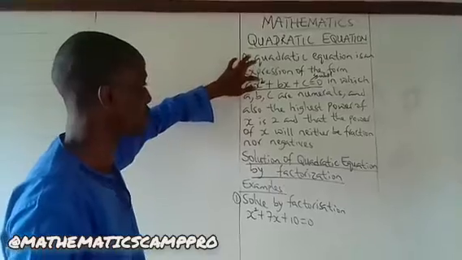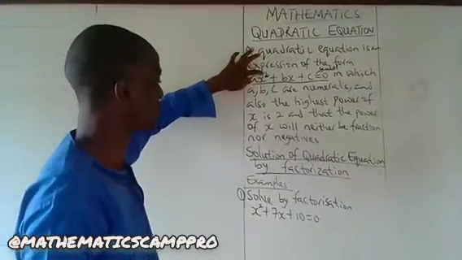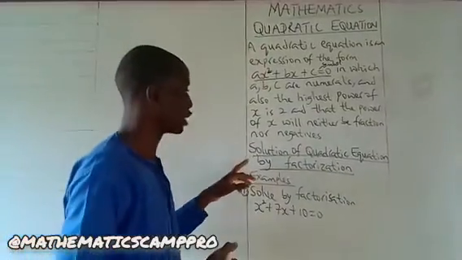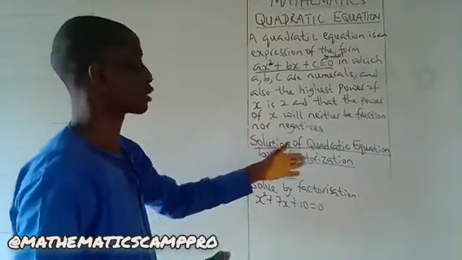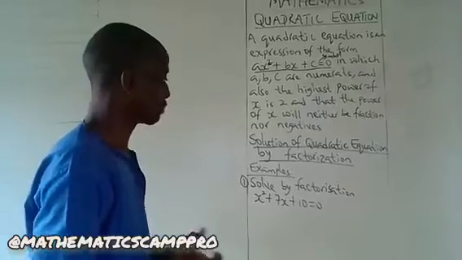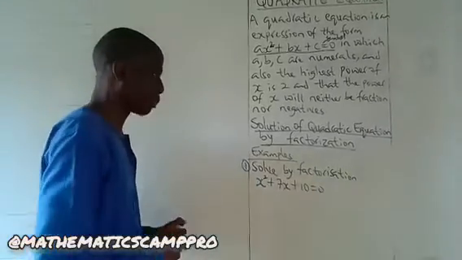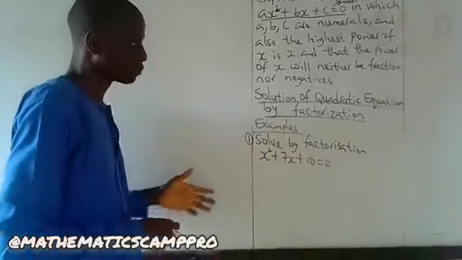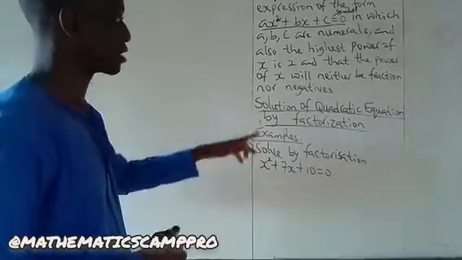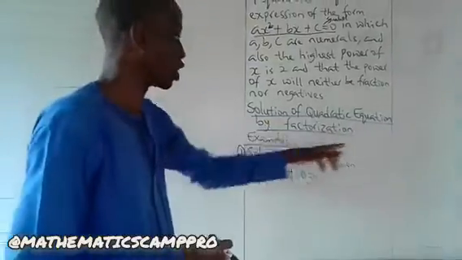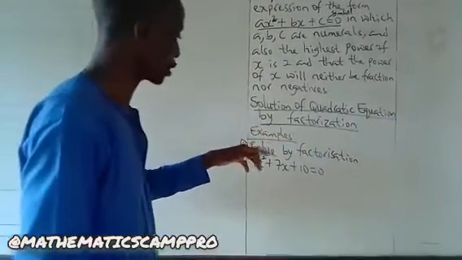As we move on, we are now moving to the solution of quadratic equations by using the factorization method. I want you viewers at home to pay rapt attention as we look at some examples under this segment, solution of quadratic equation by factorization.